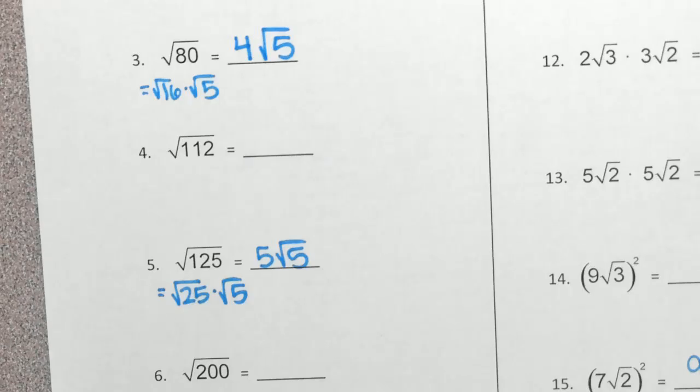If you show no work and you get it wrong, you just get no credit. Now, if you're not done with 1 through 6, that's okay. Put it to the side. You'll have time a little bit later to do more.